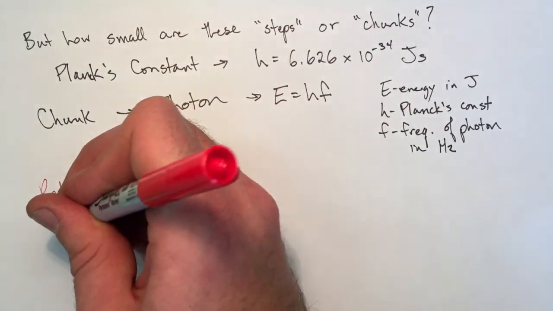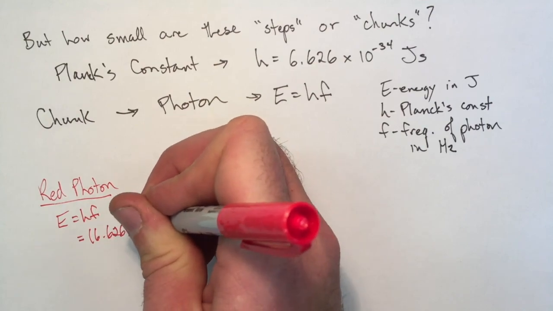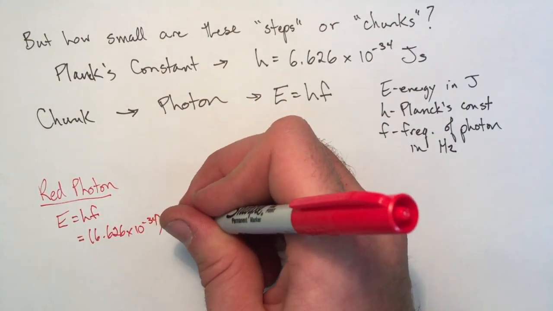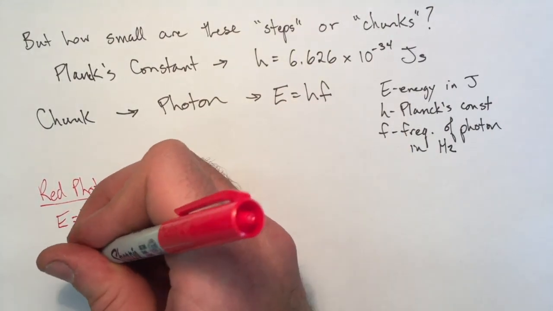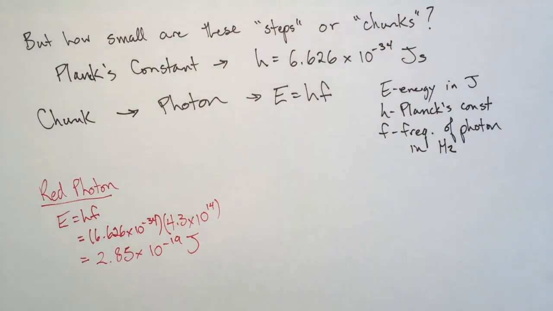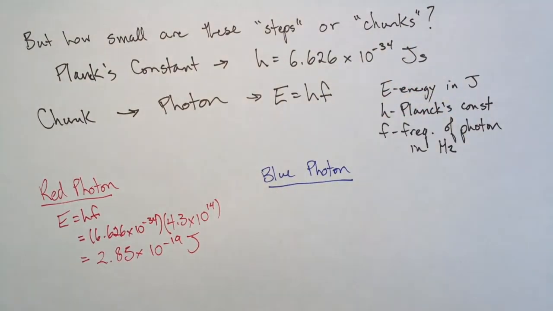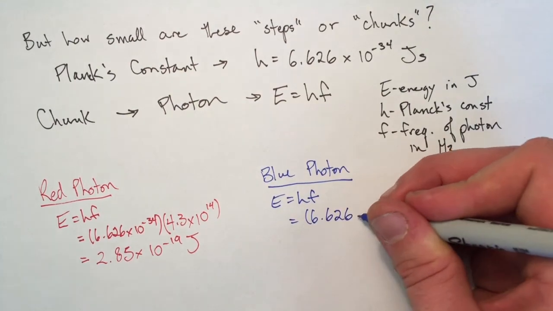If we compare the energy of a red photon to a blue photon, we can make those calculations. Here, energy equals hf, so our new constant times the frequency of red light, 4.3 times 10 to the 14 hertz. That ends up being 2.85 times 10 to the negative 19 joules. If we compare it to a blue photon, energy equals hf.